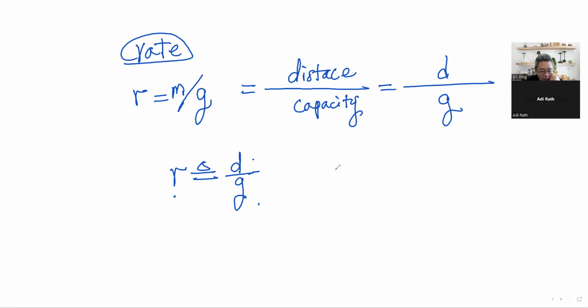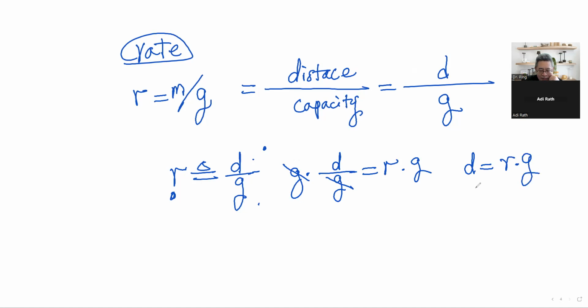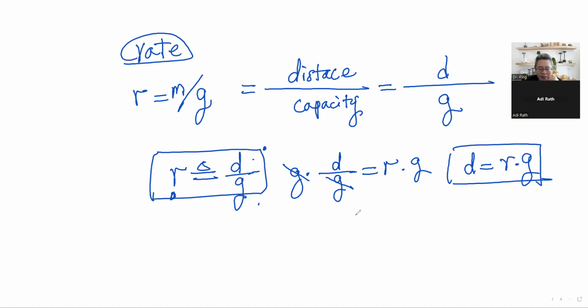Well, now if I know the rate and I know the distance, I can say distance divided by gallon is equal to rate. Now, if I multiply by gallon on both sides, on this side the gallon will cancel. So we get another equation: the distance is the rate, how many miles per gallon, times gallon, which gives us how many miles. From the definition, how we started, we get a new equation.